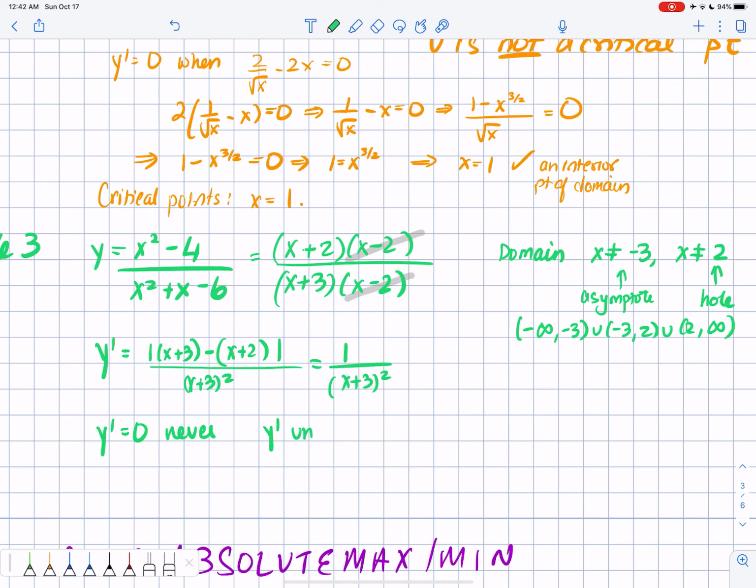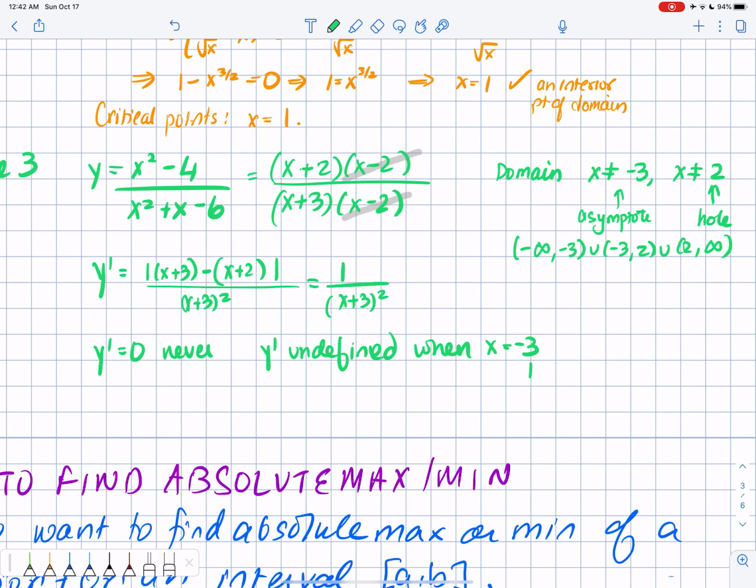And y prime is undefined when x equals negative 3. However, this is not a critical point, as x equals negative 3 is not an interior point in the domain of f. In fact, it is not even in the domain of the function.